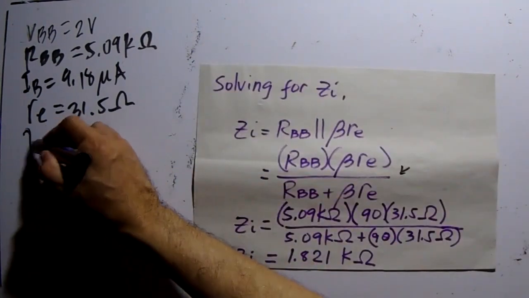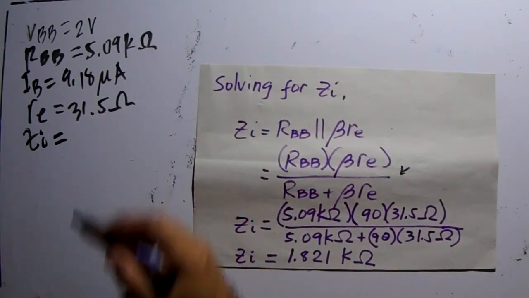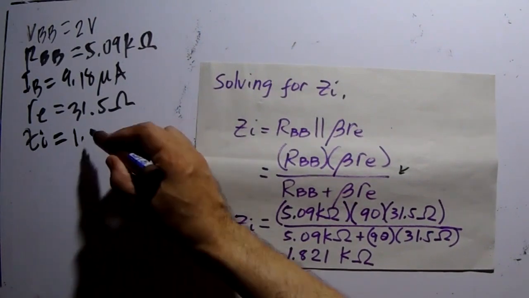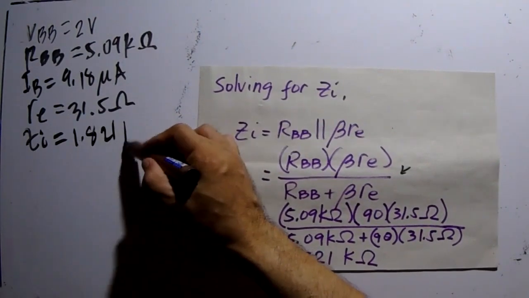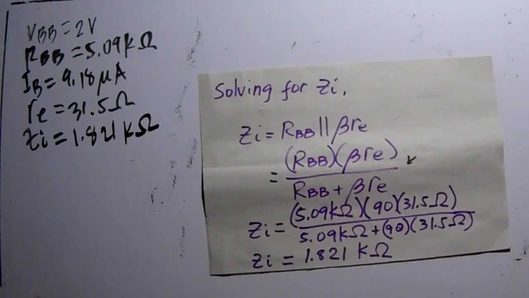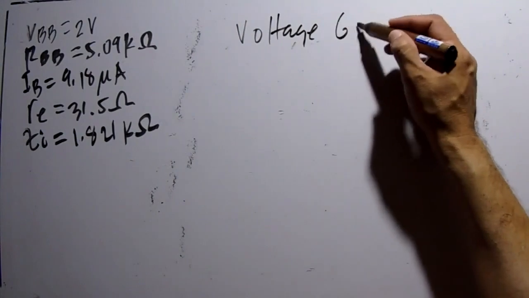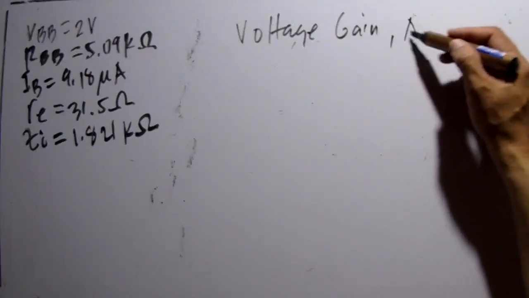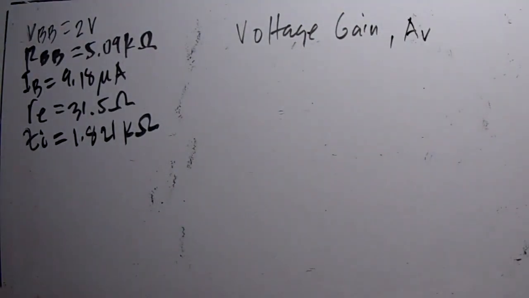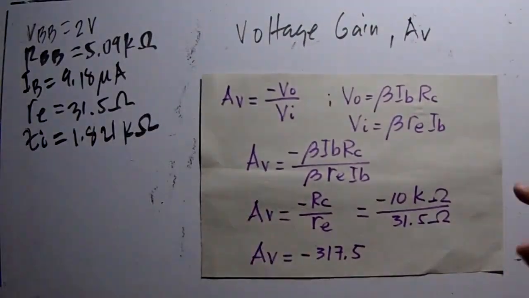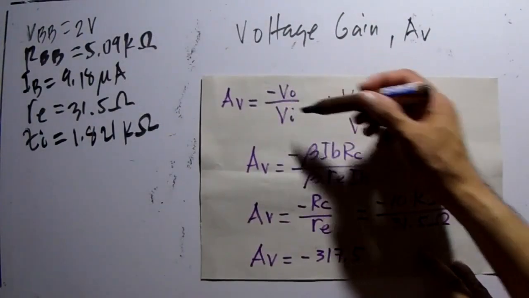So ZI is equal to 1.821 kilo ohms. For the voltage gain AV, our formula is negative VO over VI.